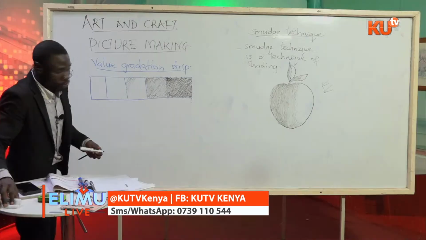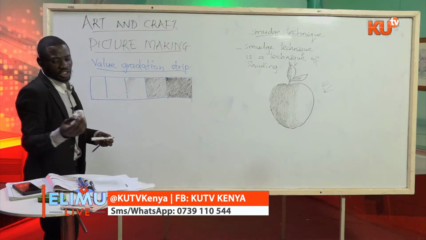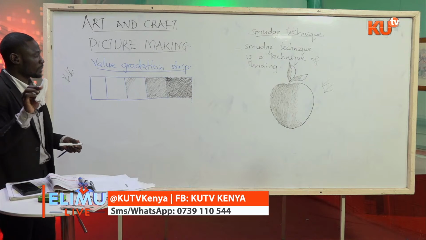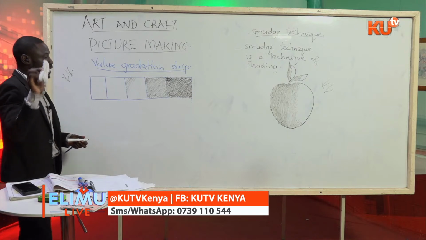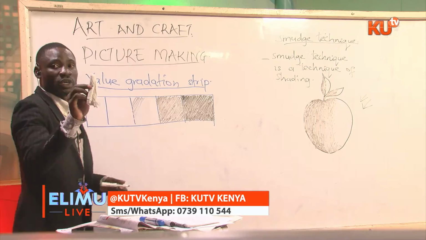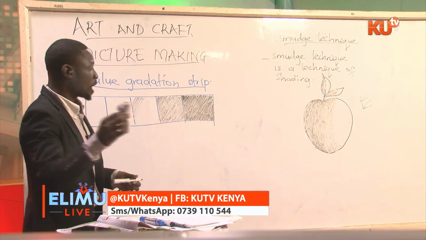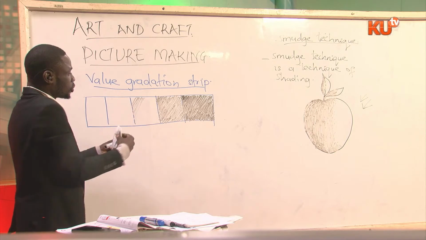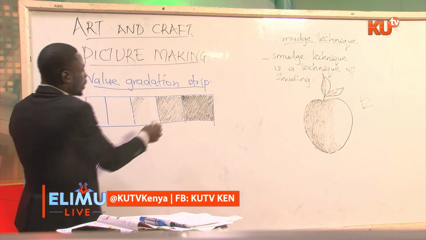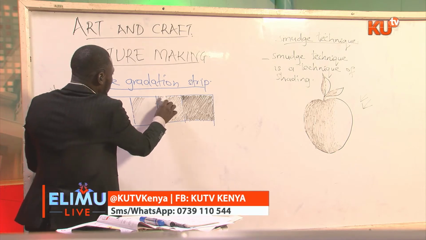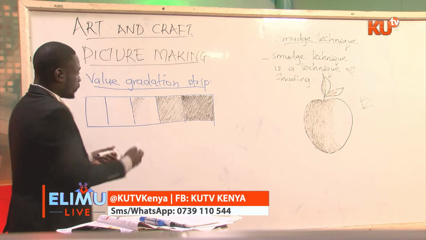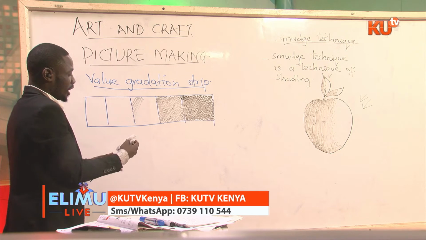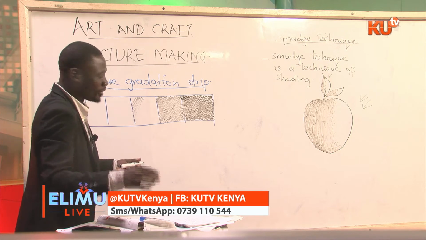So as we shade, we can use a soft paper like this one. This is a tissue paper. We can use a soft paper to make it appear blended. But for my case right now, with the surface that I'm using, if I use this one, it will rub everything off.